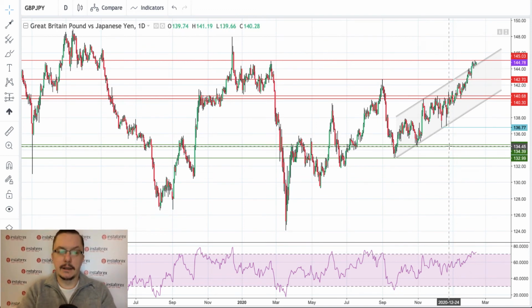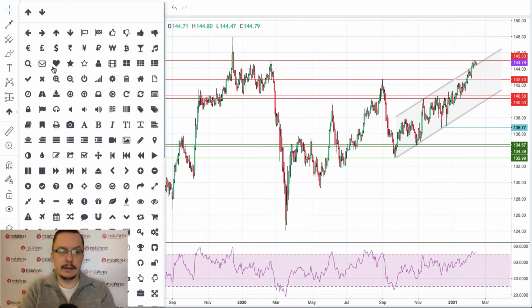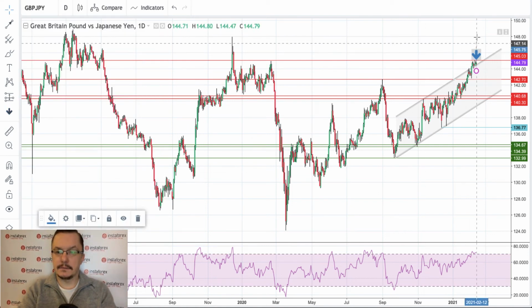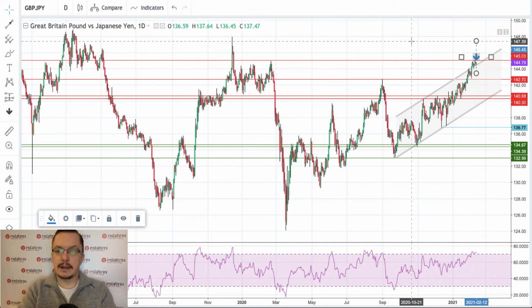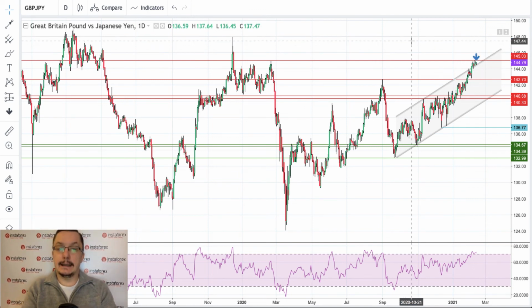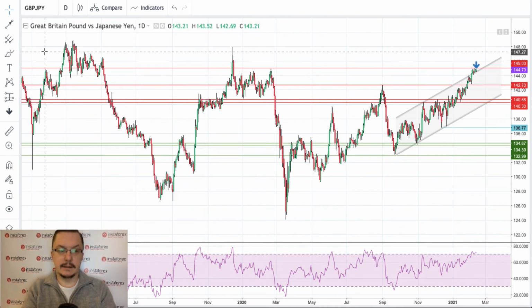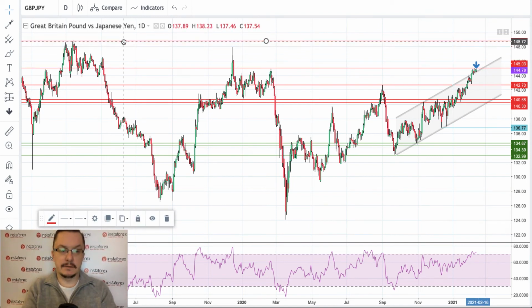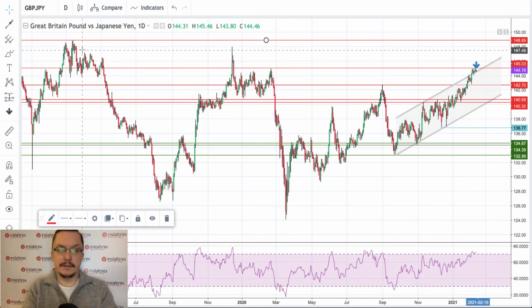So which is why it's a key level for the markets right now, and I think we should just acknowledge that. And if this level is violated, then of course the next target for the market is the level of 2019, the high of 2019, which is 148.83 in the longer perspective.